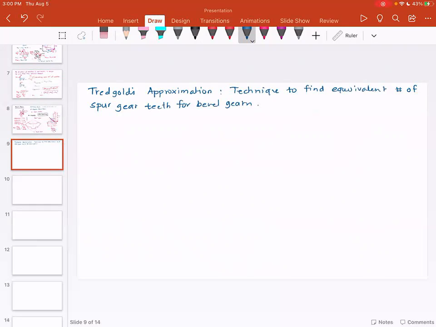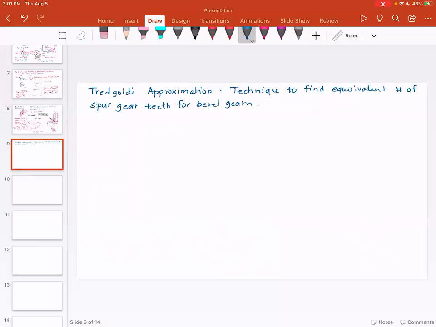And just to give you some sort of perspective, I want you to think about the spur gear. If you have an involute profile, you are going to have a line rolling on a circle. But if you think about the bevel gear, it is actually not a circle, but it's a cone.